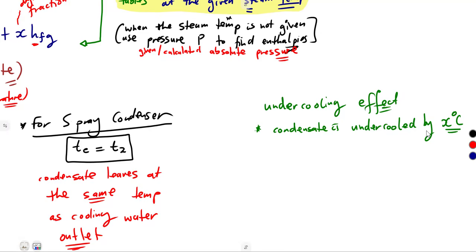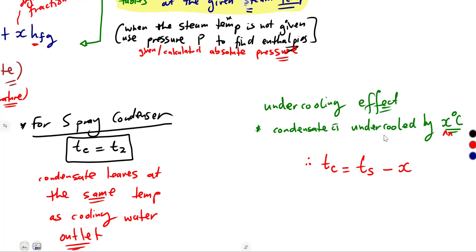From its own, it is telling us there's a reduction in terms of the value from where it was. The condensate from where? From the steam. So therefore, from the steam temperature, we must subtract the temperature of undercooling.